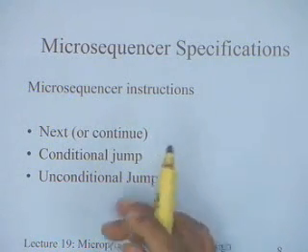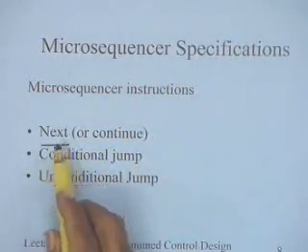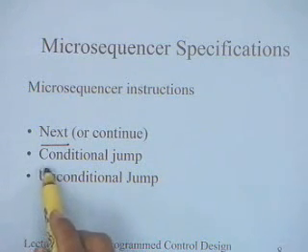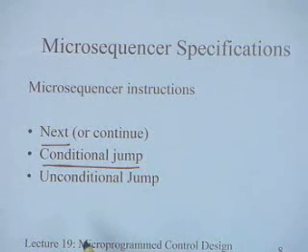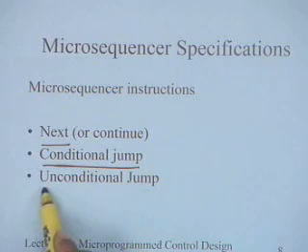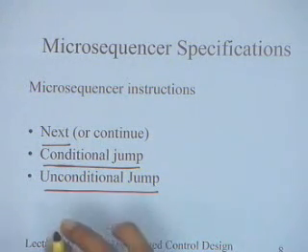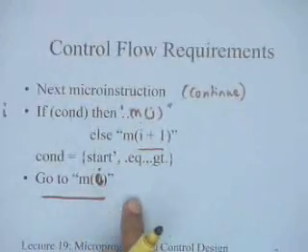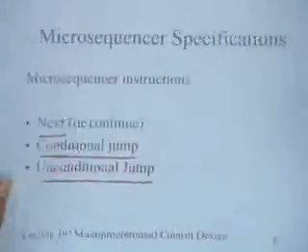My control flow requires that I should be able to execute the next microinstruction, so I will have this next as a sequence control for it. I should be able to do a conditional jump or a conditional branch, and for that I need a conditional jump microsequencer instruction. I should be able to do an unconditional jump, and I need an unconditional jump instruction. These are very clearly part of the requirements. There is just a one-to-one mapping: I had these three, and from these three I identified the instructions.